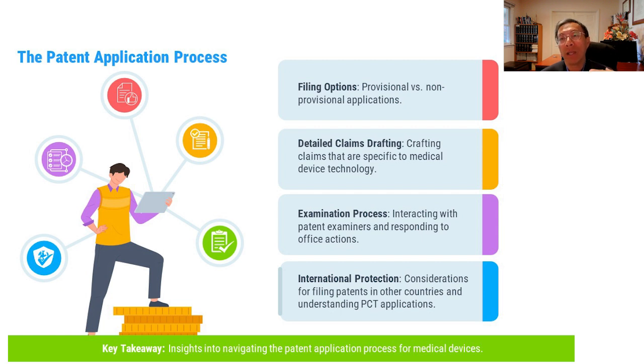So once you file a non-provisional patent application, it goes into a queue where other applications have gone into, and eventually you'll exit the queue for examination. That transit time is approximately 18 months to about 2 years.